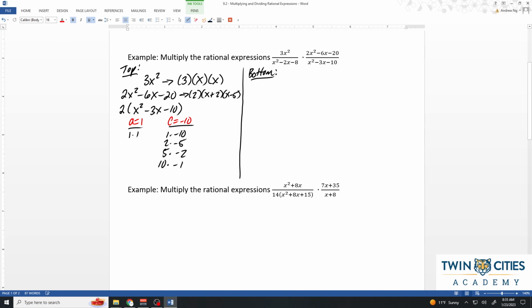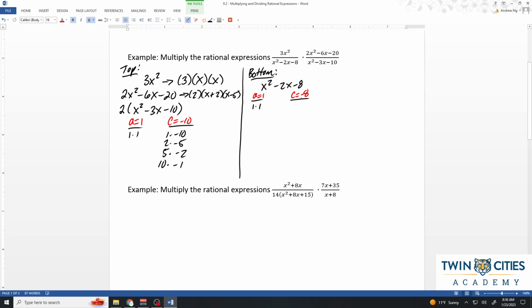This is going to be the denominators. Let's start with x squared minus 2x minus 8. Factoring this, A equals 1, C equals negative 8. So 1 times 1.